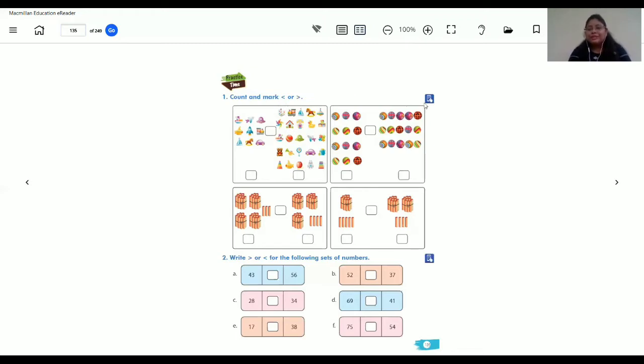So how can we do such sums? Firstly, we have to count the numbers, then write the numbers, and then find which one is less or which one is more. For example, if in my left hand I have three pencils and in my right hand I have four pencils, which one is larger? Four is larger than three. We can understand how to do such sums with the help of the worksheet. So let's do it.